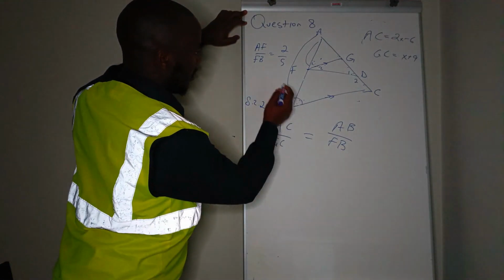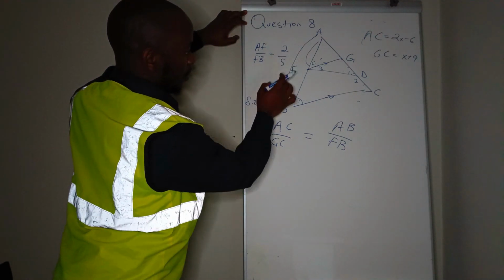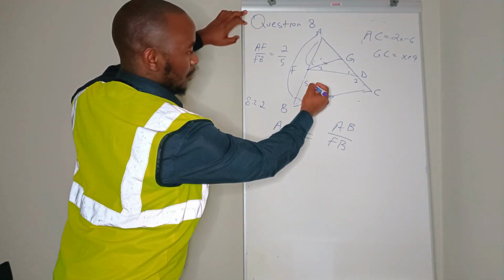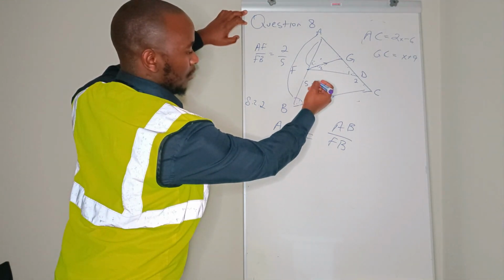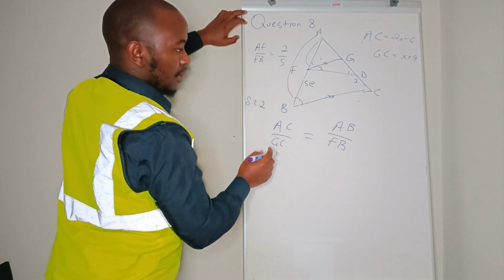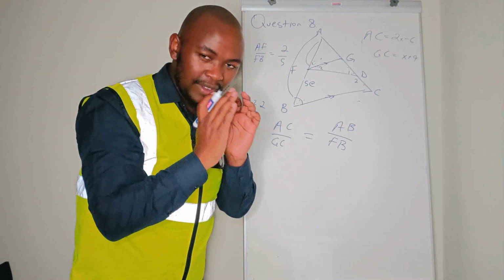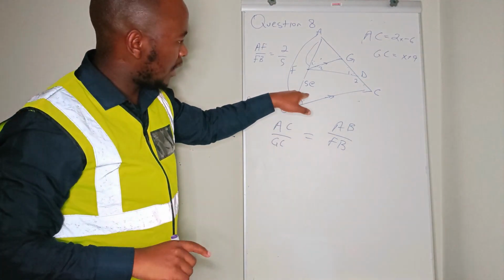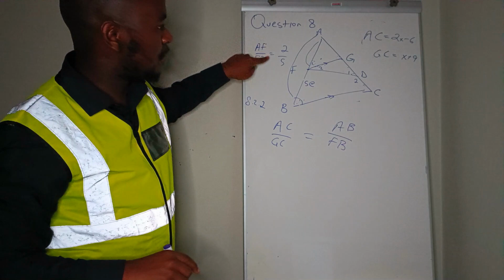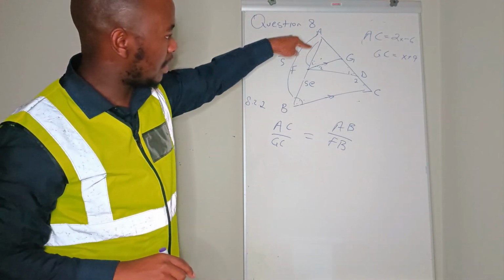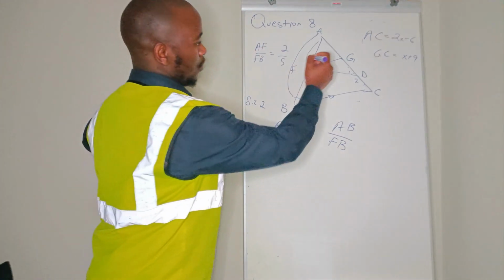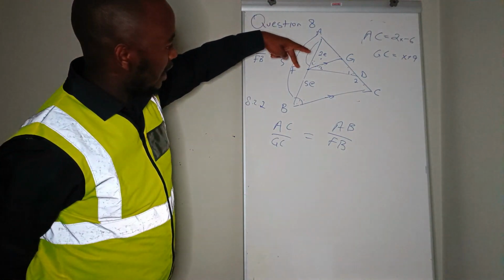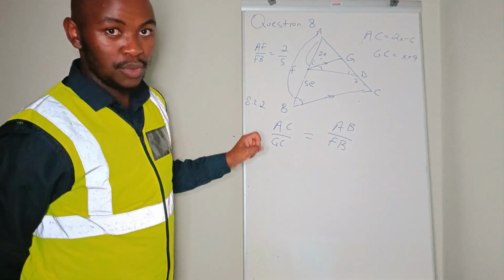if we talk about proportion here, and we say FB is equal to 5E, so we have 5 E's, literally the letter E, and we have 5 of them. If we have 5 here, because we are governed by this proportion, it means we must have how many in AF? It means we must have 2E, so that when we divide AF by FB, we still get the same ratio.